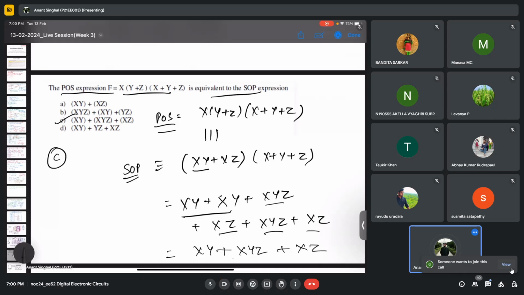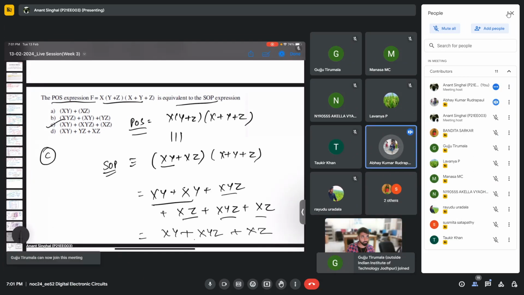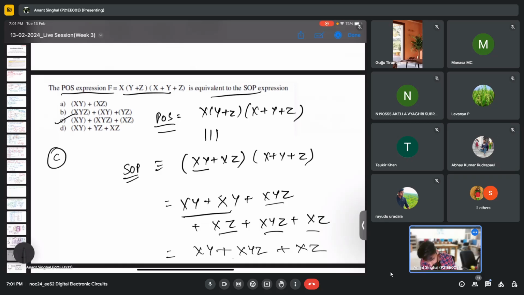Is it clear? Sir, when we write here xy two times... So I told you in the previous class that if you add a similar variable two times, it will give you the variable itself. Like there were some properties, such as if you add a variable with a 0, the variable will be the answer.